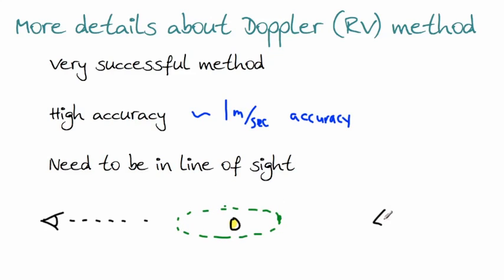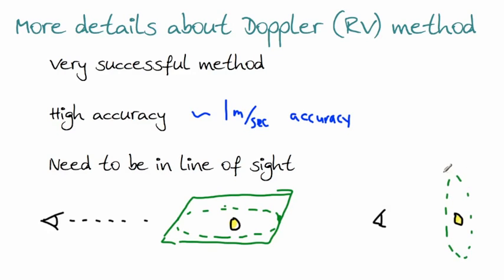Let me show you an example of what wouldn't work very well for this method. Because space is in 3 dimensions, orbits can be in any direction. Imagine this orbit is like a flat piece of paper, and this one follows along this piece of paper. But what if instead it orbits like this? That's fully possible.